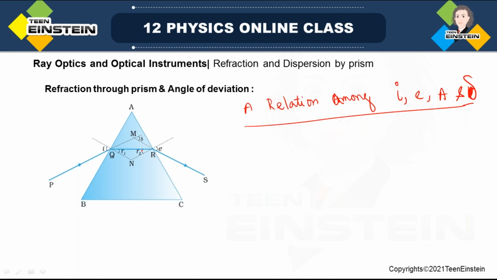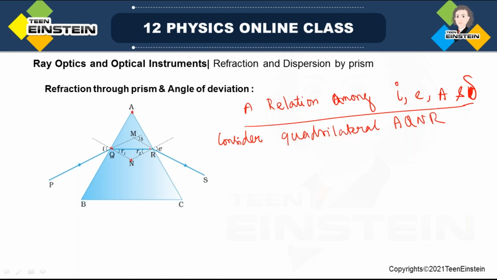To do that, let us see this figure. I hope you are able to see it properly. Look here, if I consider the quadrilateral A, Q, N, and R. This is the quadrilateral which I am taking now from this figure.